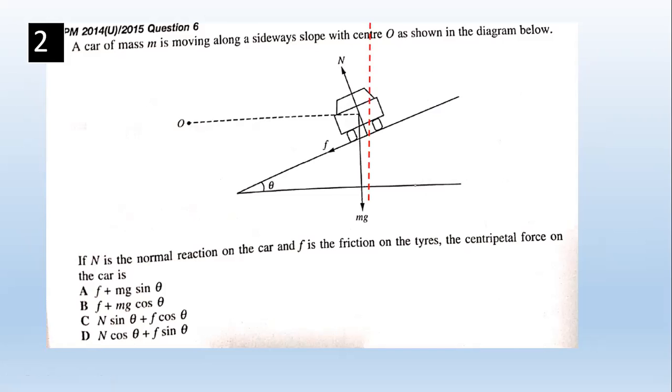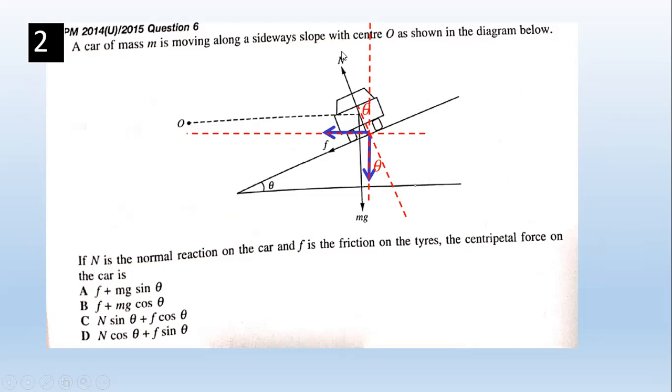Remember, we are interested in the horizontal circle. I just shift the axis to here, easier to see. So that's your vertical axis Y, that's your X. That's your angle theta, this vertical angle theta. Now the weight is still the same direction.